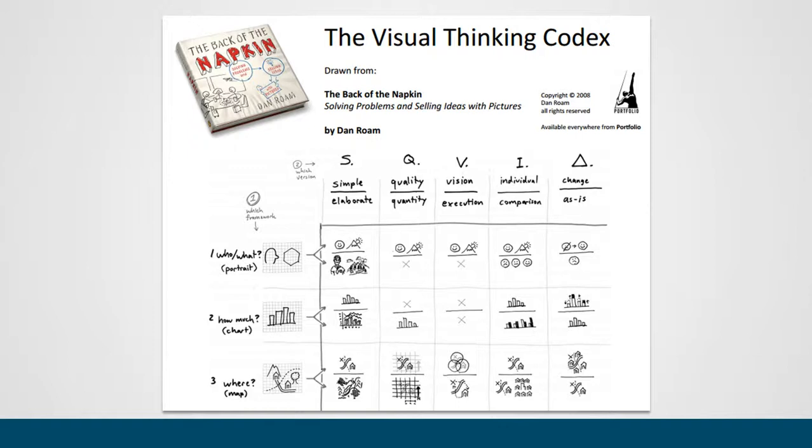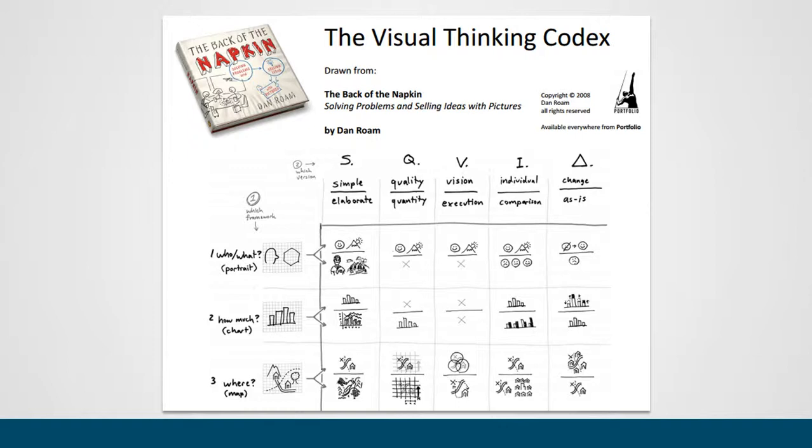S is for, do you want your diagram to be simple, or do you want it to be elaborate? Q is, do you want your diagram to describe how something is, its quality, or how big it is, its quantity? V is, do you want to describe the vision we have for what things could be like, or what things are, or the execution of how we get to that place?